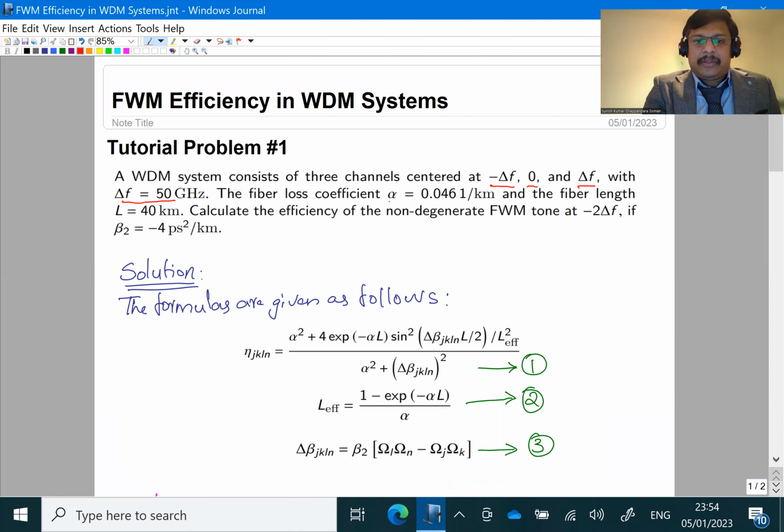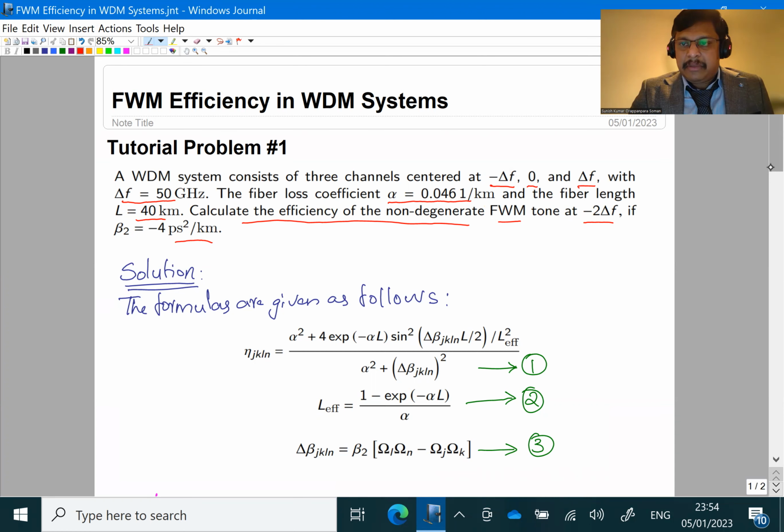The fiber loss coefficient is given as alpha equal to 0.0461 per kilometer, and the fiber length is given as L equal to 40 kilometer. So the question is, calculate the efficiency of the non-degenerate FWM tone at minus 2 delta F if beta 2 is equal to minus 4 picosecond square per kilometer.